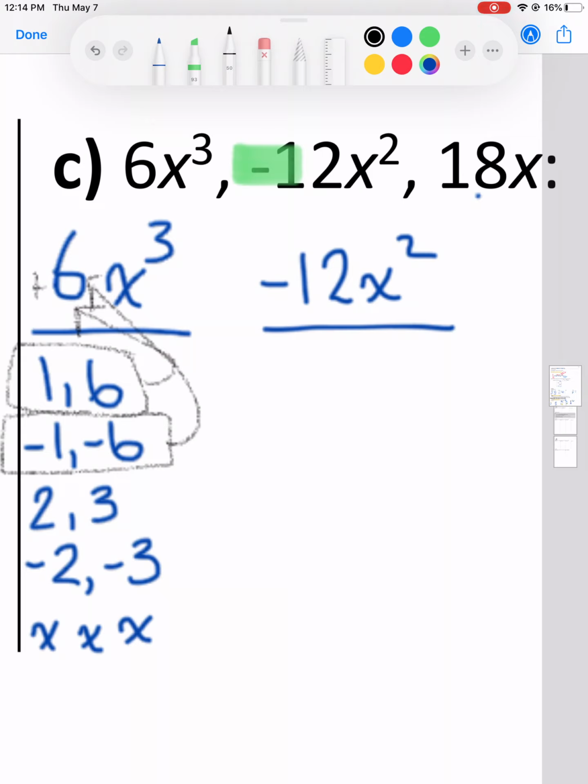Remember that this is -12, so we have to have a positive and a negative. That's how we get multiplied to -12. So it's going to be 1 and -12, or it could be -1 and 12.